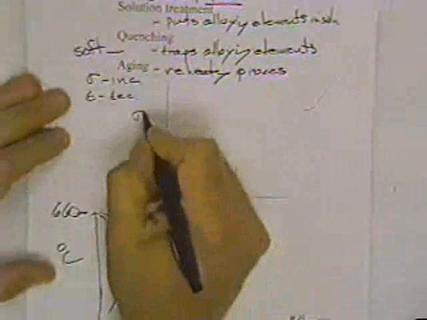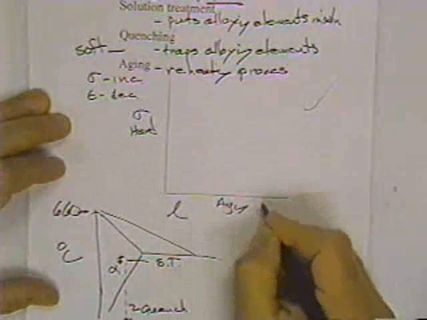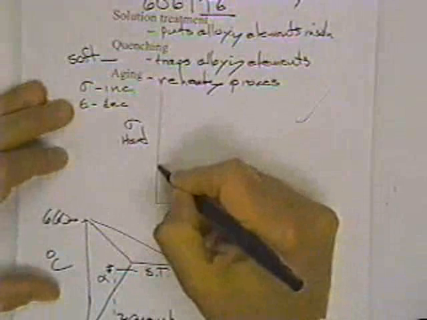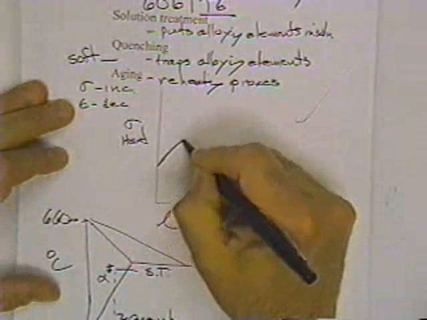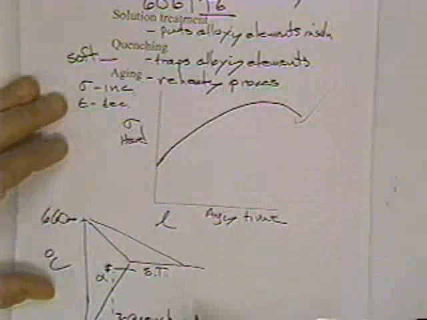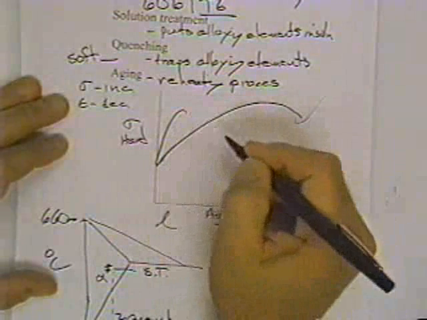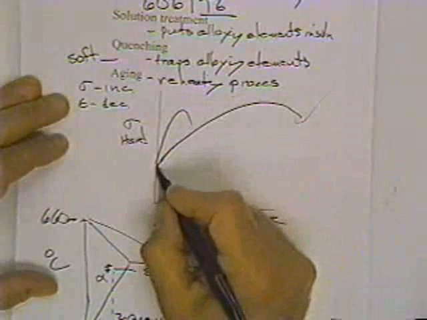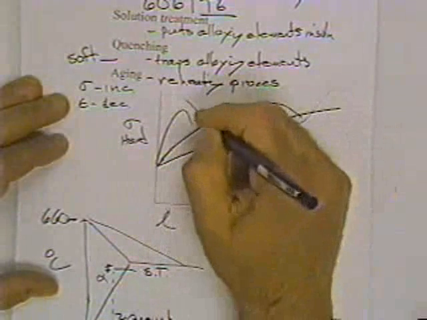So if we plot strength or hardness versus aging time, what we will find out is that there will be an increase to some maximum value if we do it for higher temperatures or lower temperatures and longer times.